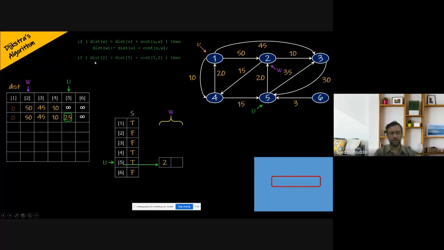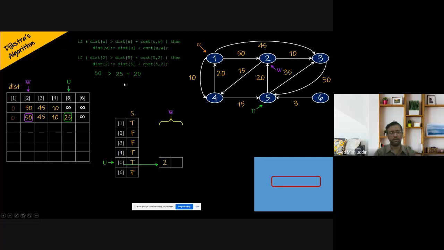So the distance of 2, which is 50, is greater than the distance of 5, that is U, which is 25, plus the cost of the edge from 5 to 2, which is 20.